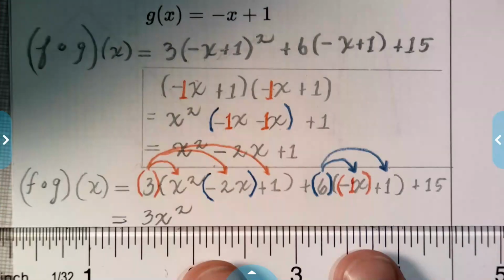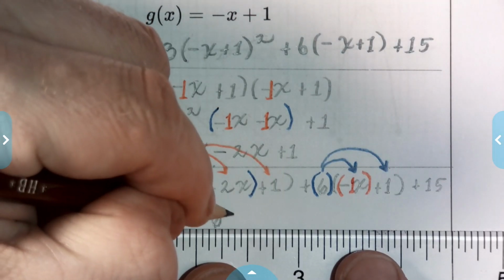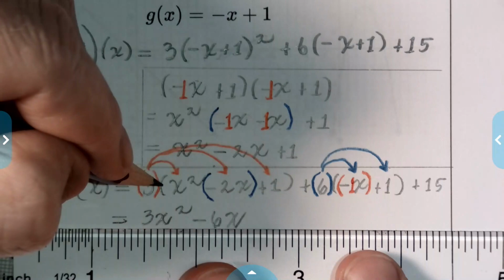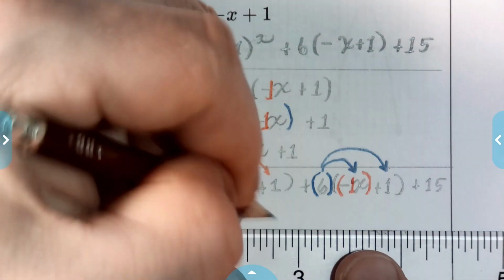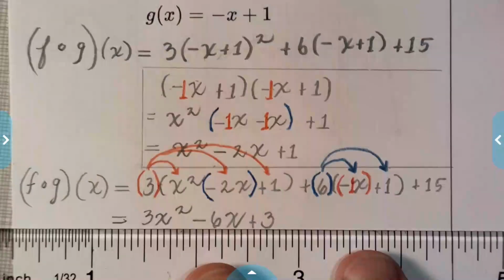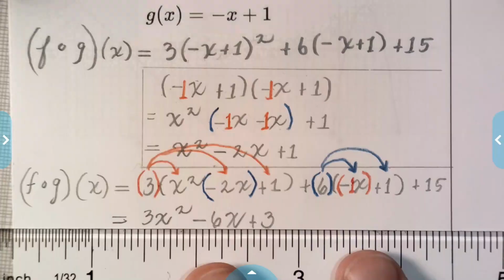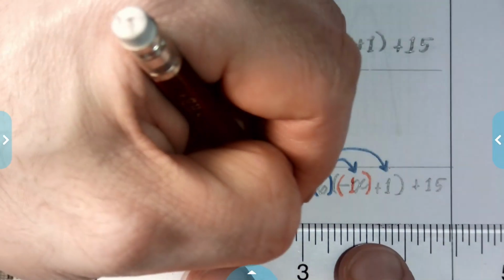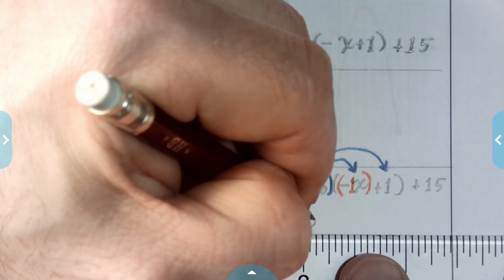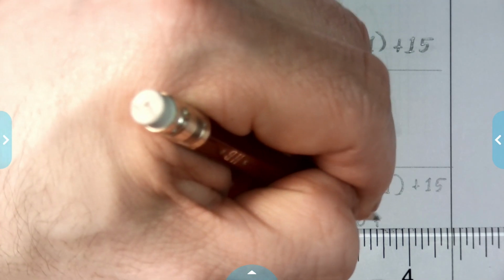Three times negative 2x is minus 6x. And 3 times 1 is plus 3. Now, we have 6 times negative 1x, and that's going to give us minus 6x. And 6 times 1 is plus 6. Plus 15.